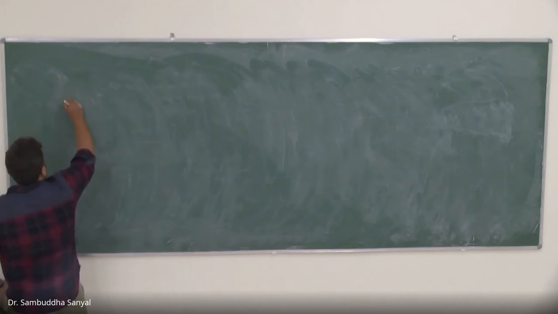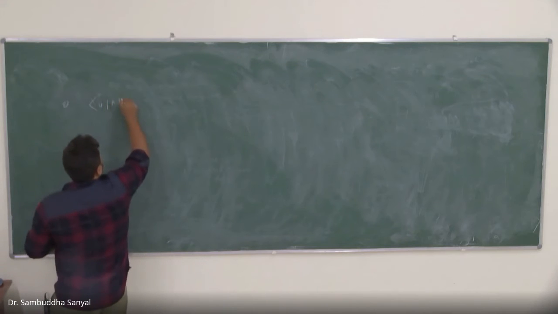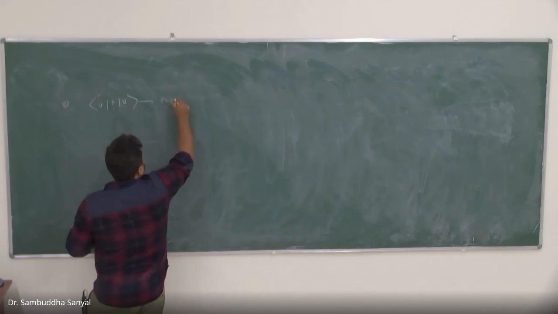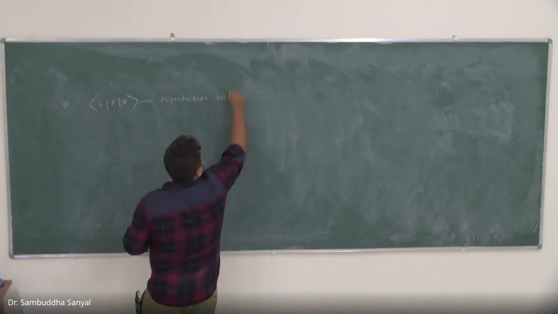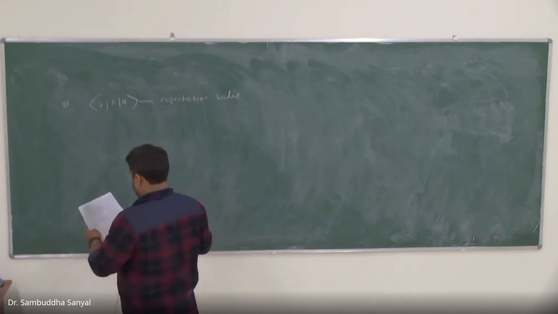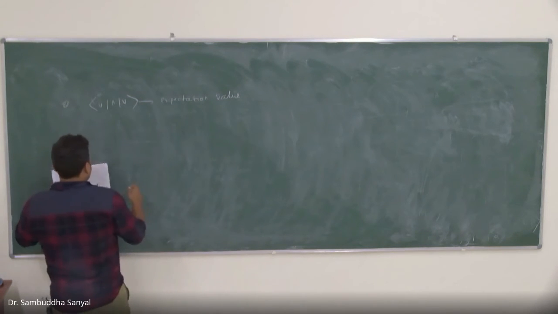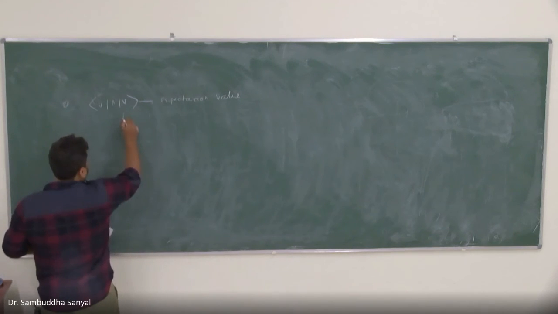Okay, so the point I wanted to make is that we describe this quantity, E A P, we call it the expectation value. So what is this quantity? We also described it.